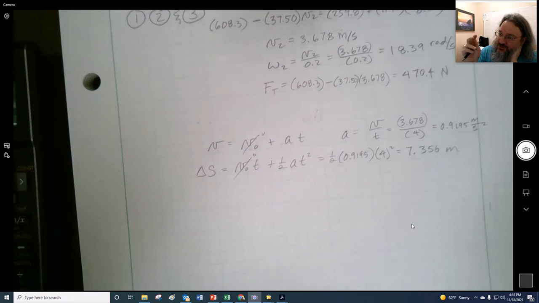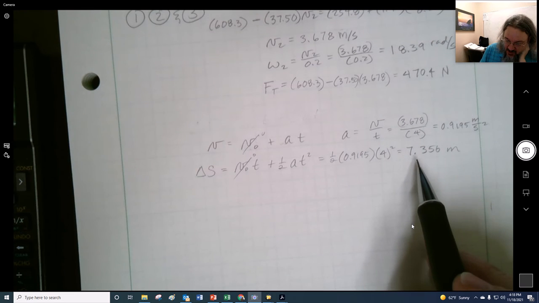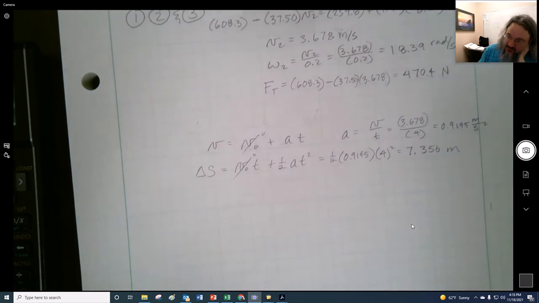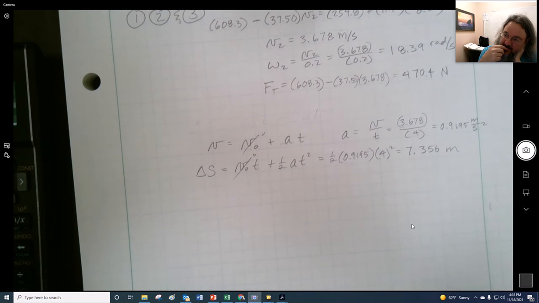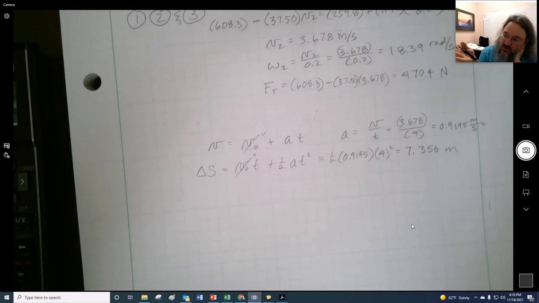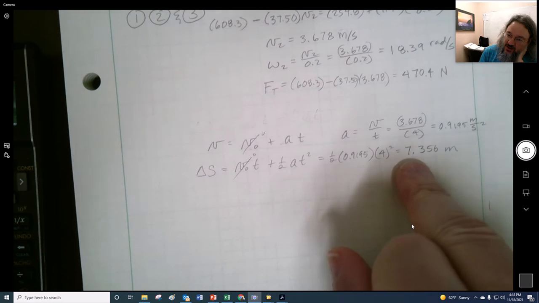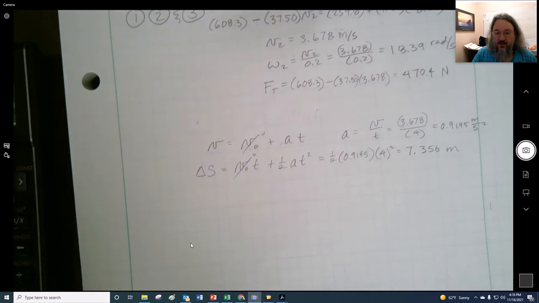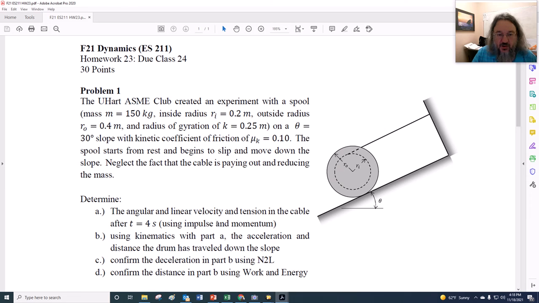We want to work back and pick something that we can find, and I don't know if I can find the angular acceleration from this right here. We could set them equal to each other. We're going to pretend like we don't know the tension force, but we do know this acceleration. Let me see the way that I phrased the problem here. Confirm the acceleration in part B, right?